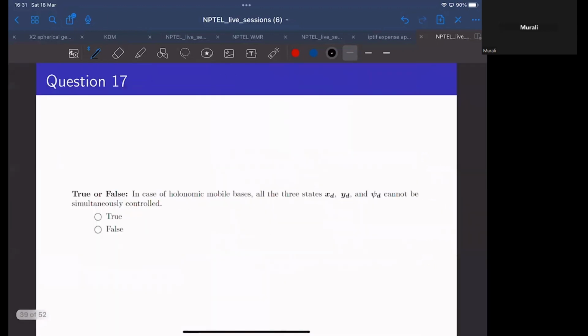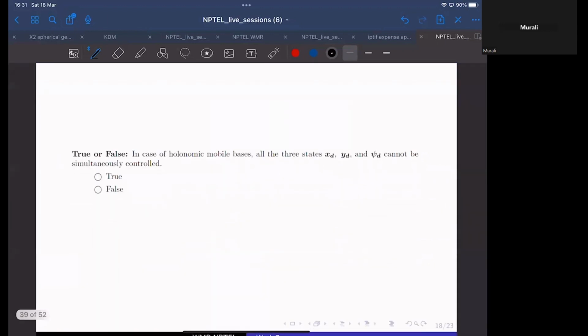Question 17 says: in case of a holonomic base, all three states x, y, and psi cannot be simultaneously controlled. Is it true or false?